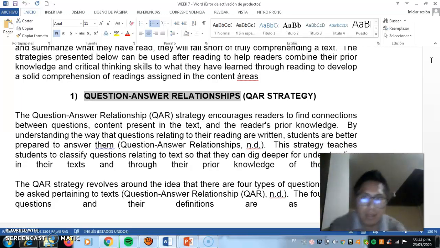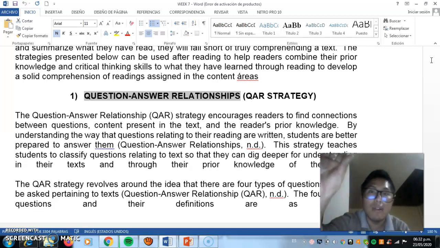The second part is think and search. So the answer is not specifically in the test. You have to read the test many times and see, because the answer is there, but you need to look for it. The answer could be in line number 2 and line number 5 and line number 6.